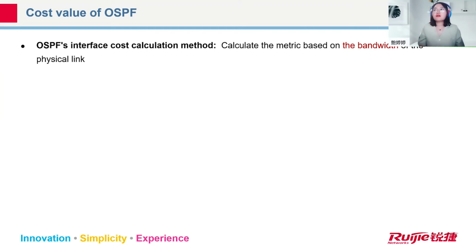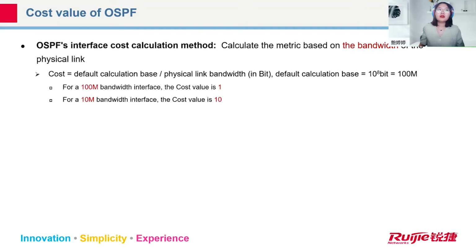So how to calculate the cost value? We have the formula. The cost value is the default calculation base divided by the physical link bandwidth, and the default calculation base is 100 Mbps.